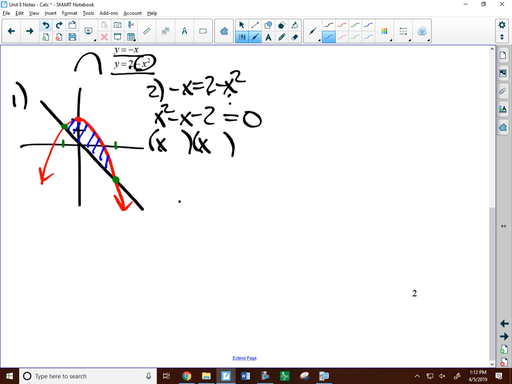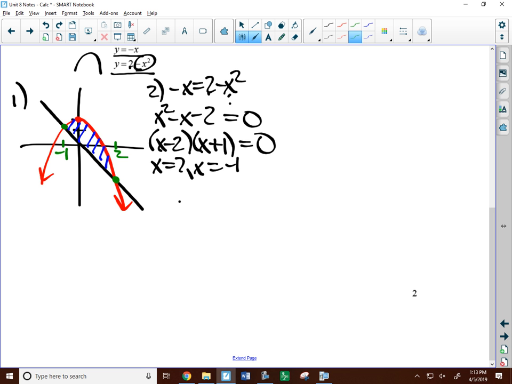Okay, that's trinomial factoring. Numbers that multiply to get -2, like -2 and +1, and those will add to get -1. So I get 2 and -1. This tells me the numbers that go: so it's 2 here and -1 there.